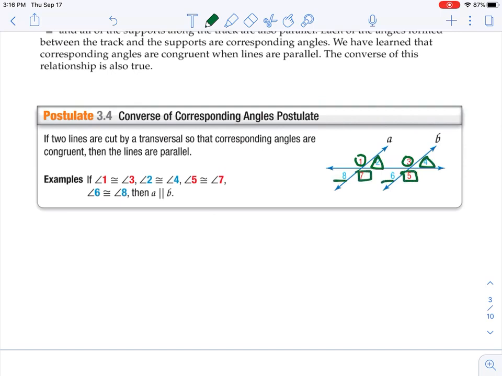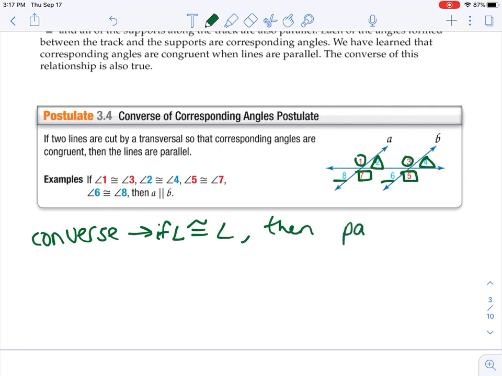We only need to know that one of the pairs of corresponding angles is congruent to state that our lines are parallel. So I'm going to give us a quick reference here. When we have our converses, we are given that angles are congruent. So if angles are congruent, then we have parallel.